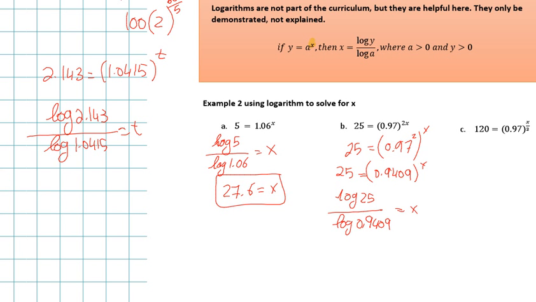And your answer should be negative 2.84. You would get the same. See, as I said, it will be the same as long as you know how to use the calculator.